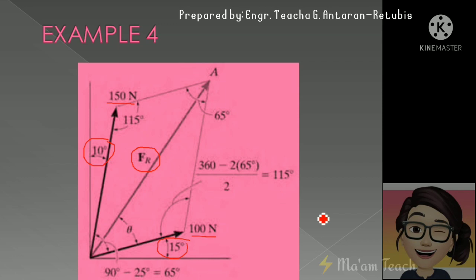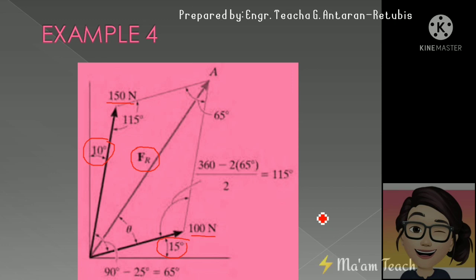Now, if you could observe, class, we have drawn a parallelogram. For that, we will be able to solve it using the parallelogram law. Recall, that's our method in solving vector addition.